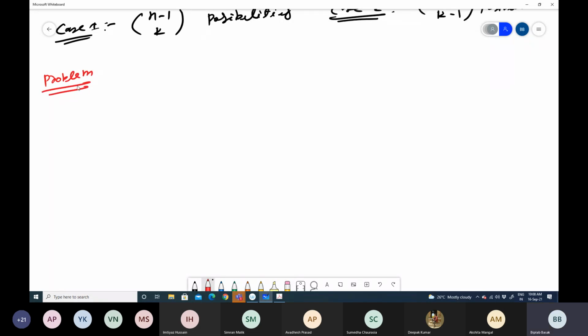Now this is also simple. You already know that. Given that the cardinality of A is m and the cardinality of B is n, when we write m and n, that means A and B are finite sets.